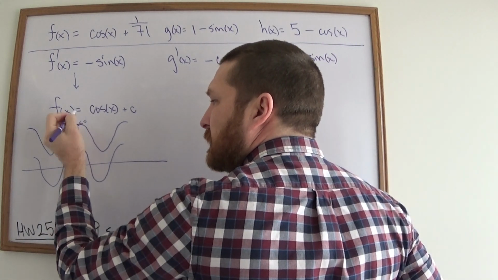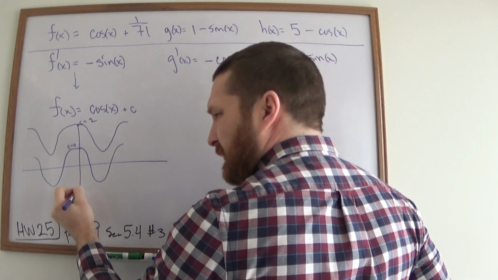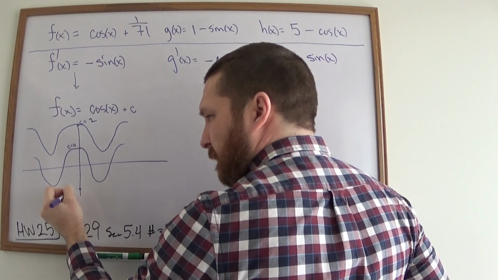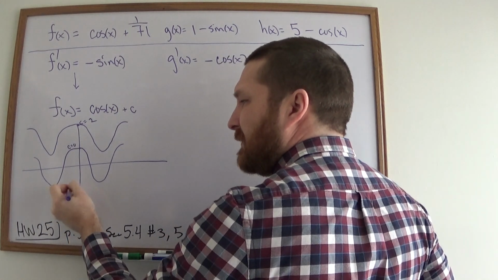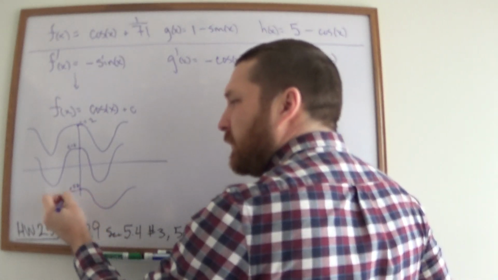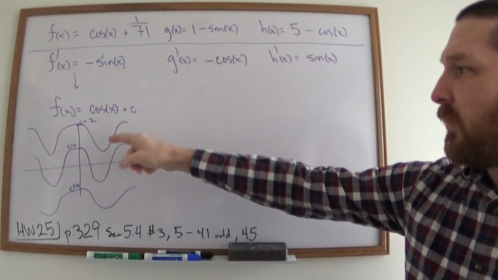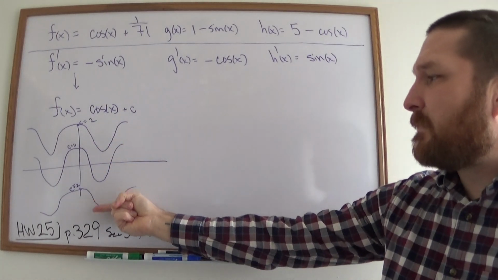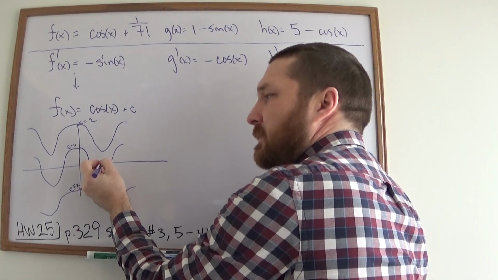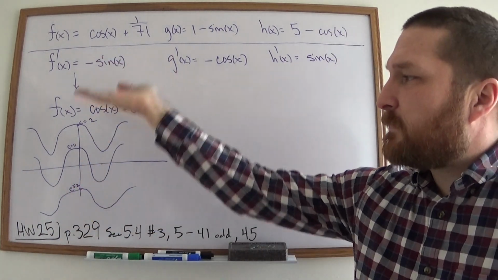Let's say this is c equals 2. C could have been negative 2. If c had been negative 2, then you would have ended up with this. And what we end up with is what we call a family of functions. They all have the same derivative at the same input value, right? And the only difference is that it's been shifted up and down.